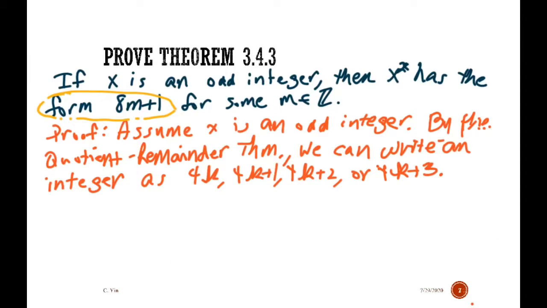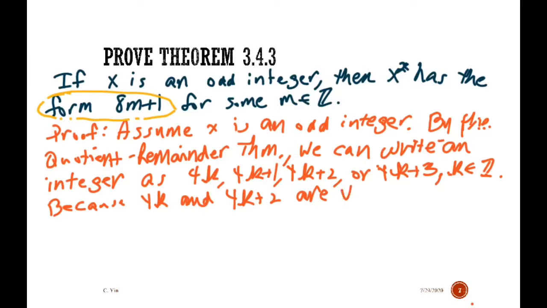One other thing that I should write here: when we say that we can write it as 4k or 4k plus 1, etc., this is where k is an integer, because I think this will be important later on for us to note. We just said that 4k and 4k plus 2 were even, so because 4k and 4k plus 2 are even, we will not consider these.